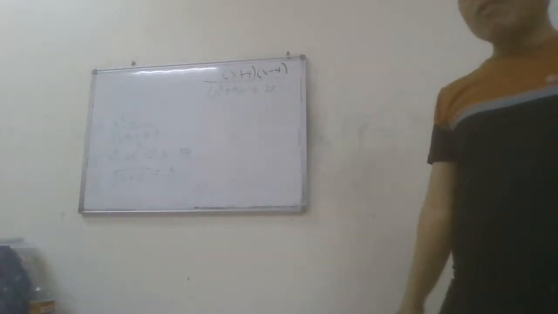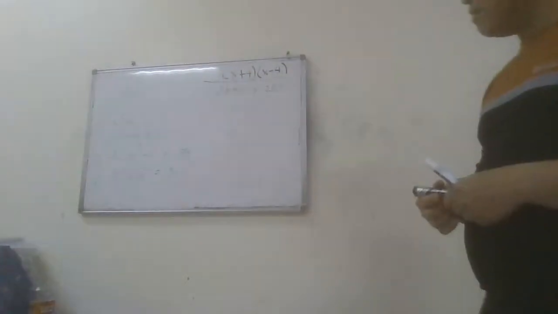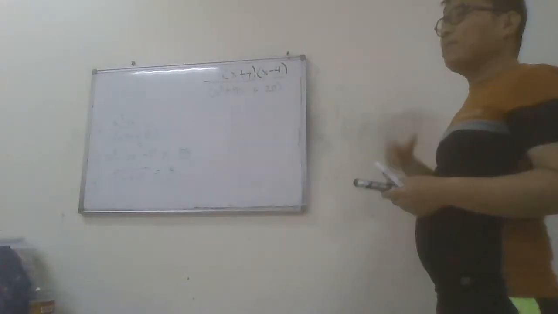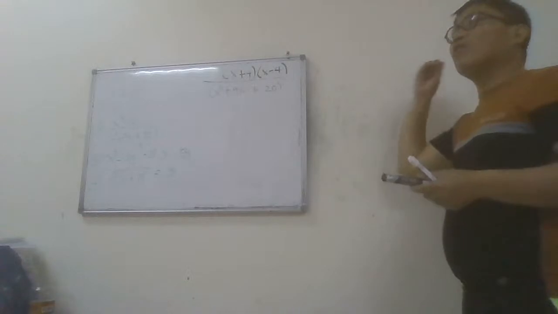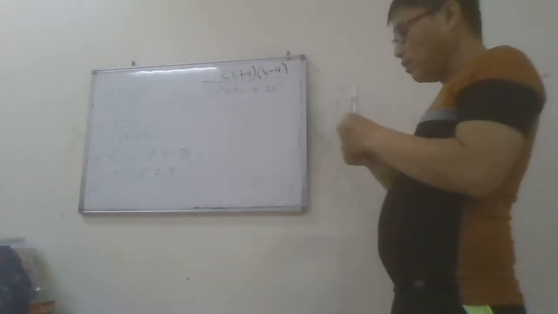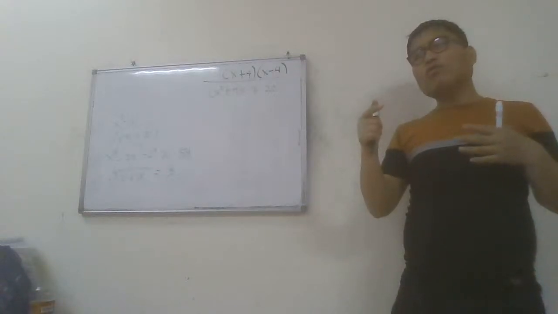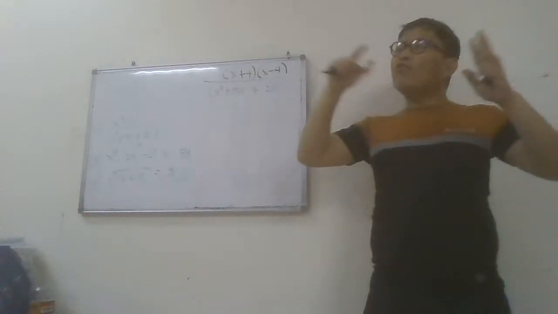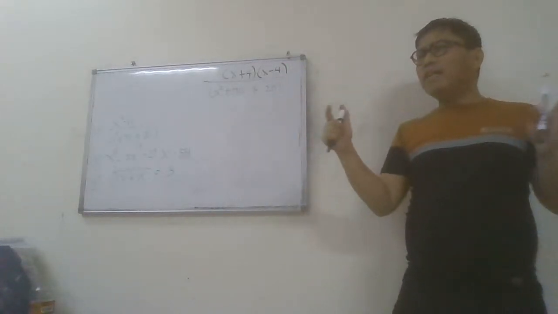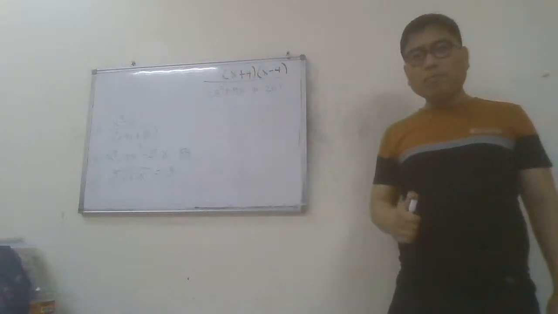A trinomial is a quadratic equation, guys. But I'm not saying quadratic formula, only quadratic equation. You use the quadratic formula to solve for the quadratic equation, but a quadratic equation can be applied to any types of trinomials. Get the point?